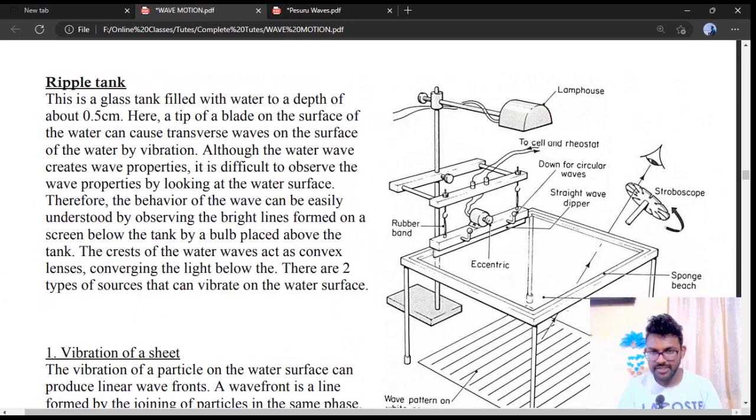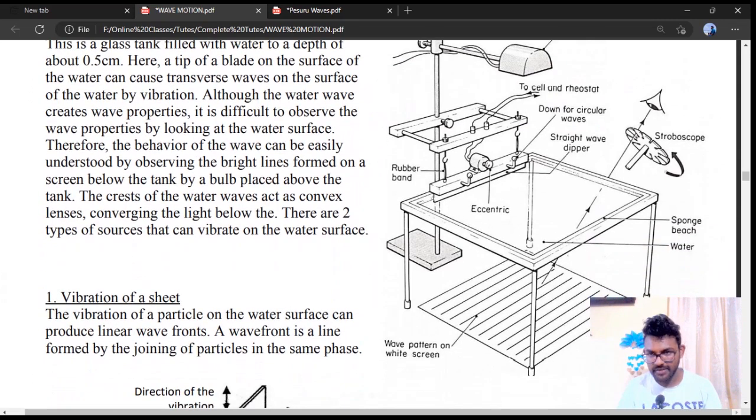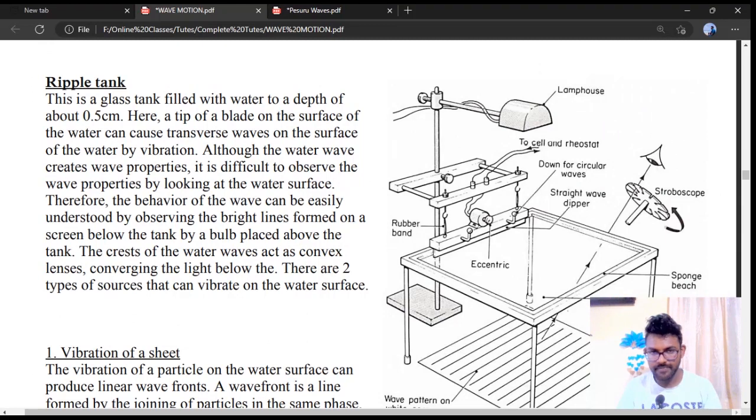It's very interesting if you can do this practical at schools, because at that time you are covering up the entire lab. You make the lab darker, and then you're going to observe these patterns, right? It's a very interesting one, the ripple tank.